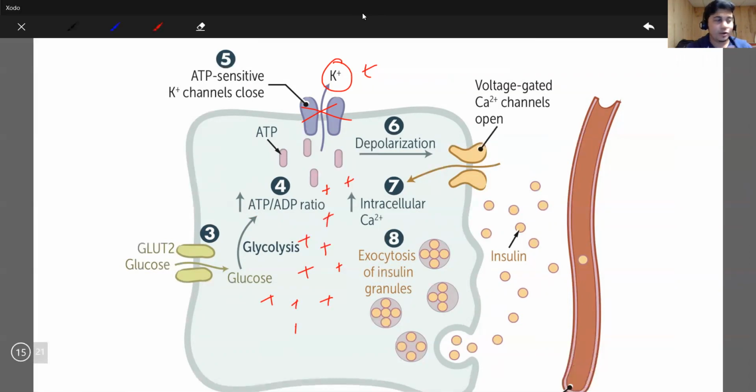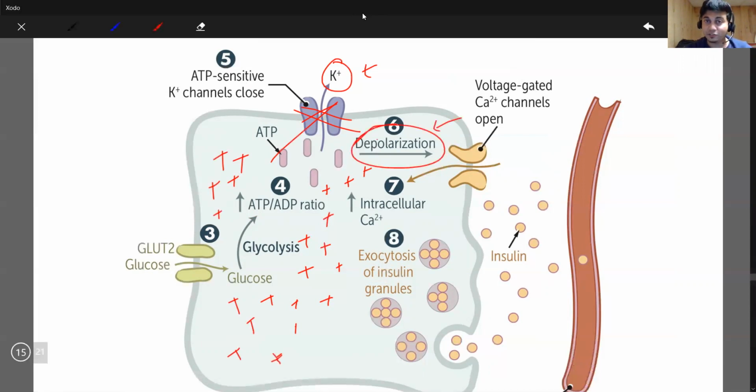That means they were negative, and now they are positive. This is called depolarization. This closure of the potassium channel and accumulation of potassium inside this beta cell leads to this depolarization of the cell.